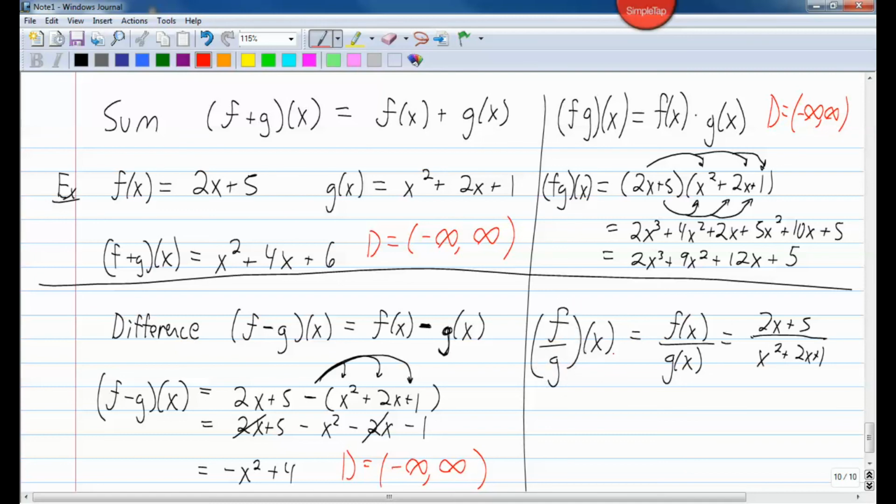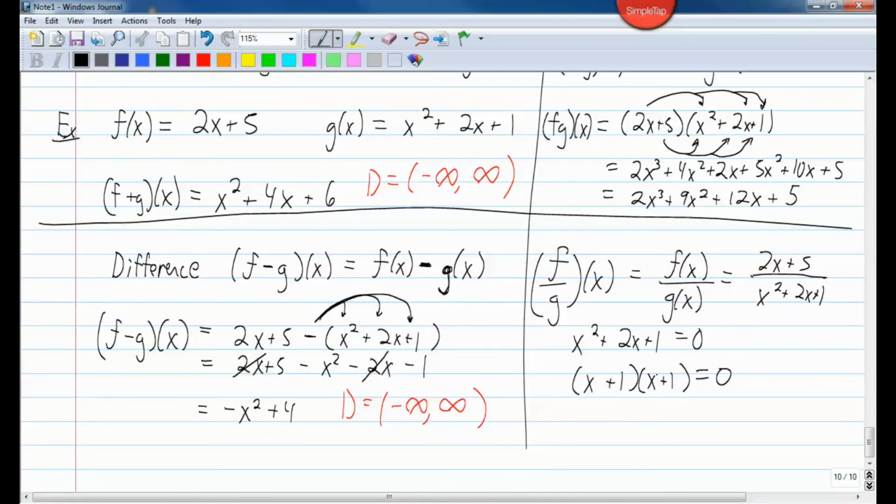Look at the quotient. Now most of the time with a quotient, you're going to have to figure out what would make the denominator equal to 0. So, because we have a denominator, set the denominator equal to 0 and see what would make it 0. If we factor this, we get x plus 1 equals 0. Now, it just so happened on this one I got the same factor here and here, so I only have to solve for it once.